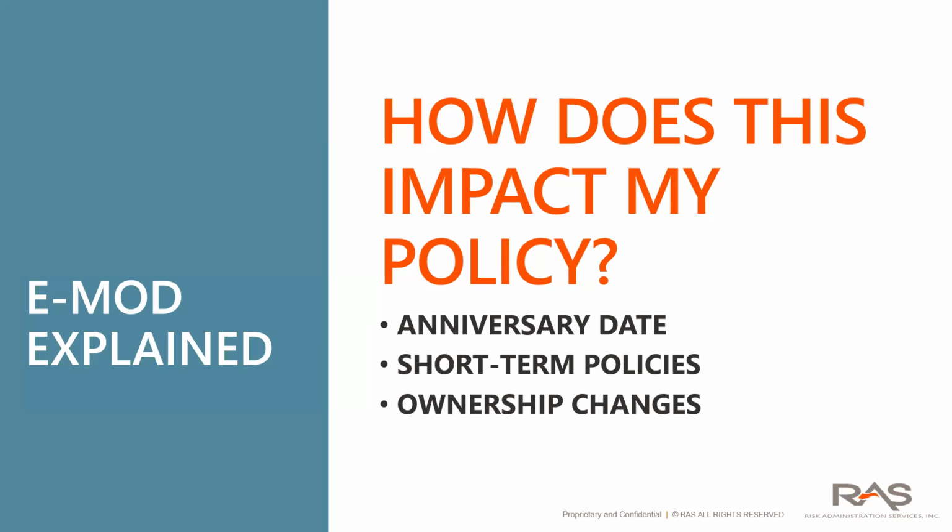You sell your business to someone else, but the new person that picks up your business may have your experience mod or be automatically approved for an experience mod because of the experience of the prior ownership. And so that plays a part in your overall policy as well, because again, that anniversary date will have an impact. So there's just some things to be aware of, even outside of the calculation itself.